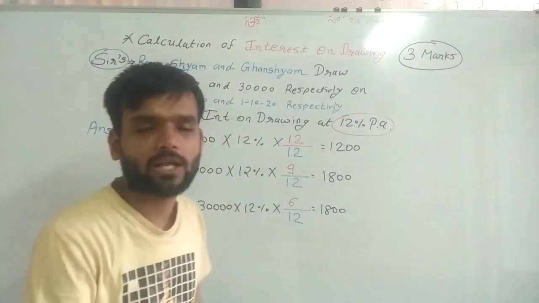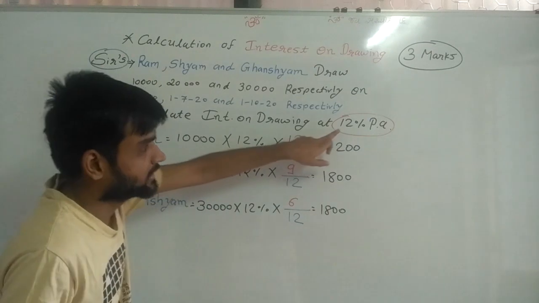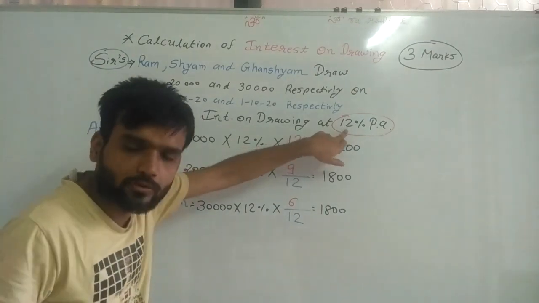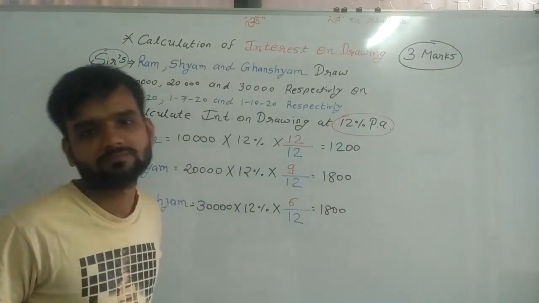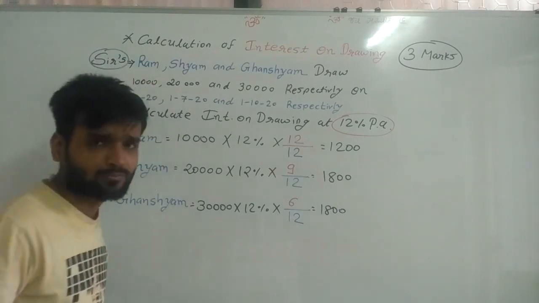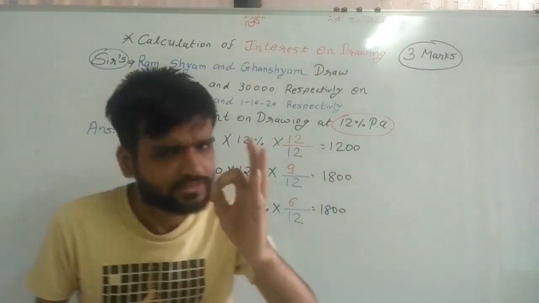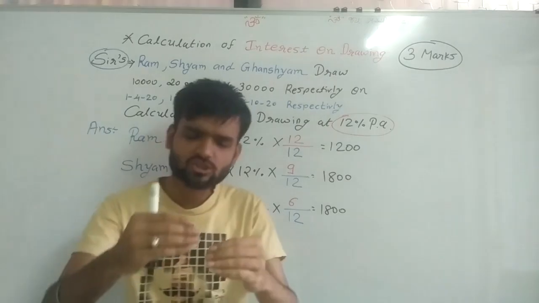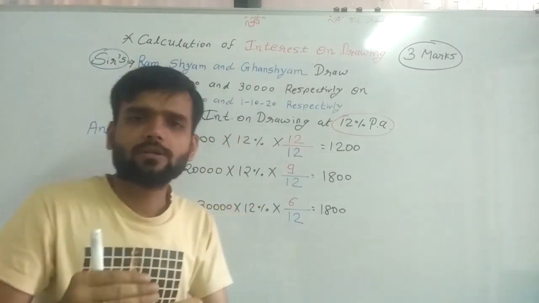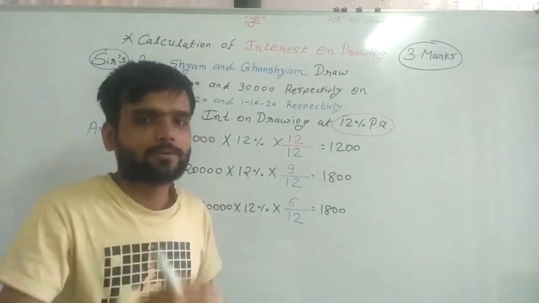This is the percentage we need to calculate on drawing. The important thing is the dates. On the basis of dates we have to calculate interest on drawing.